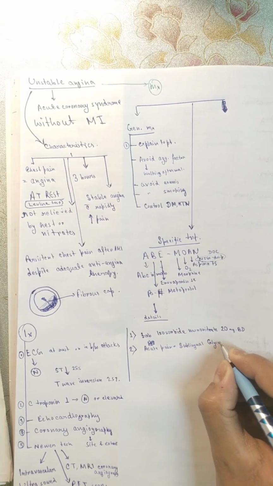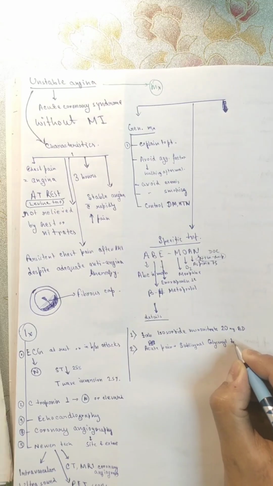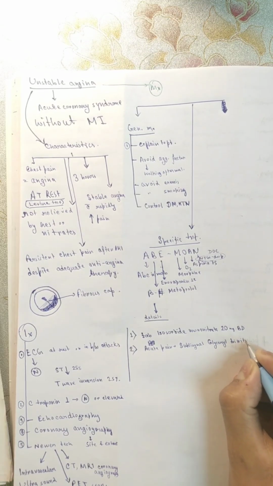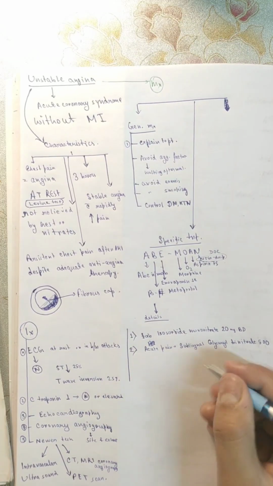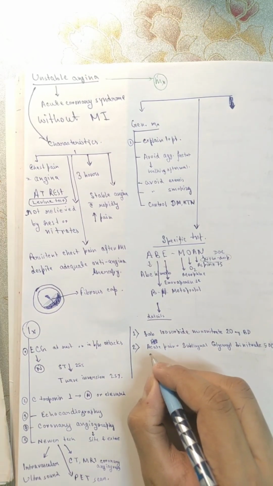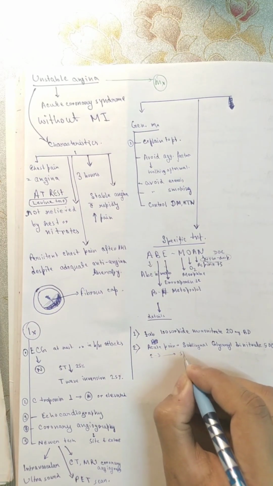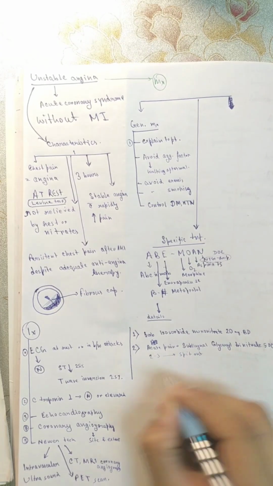glyceryl trinitrate 500 is given within 2-3 minutes, then spit out after pain is gone.